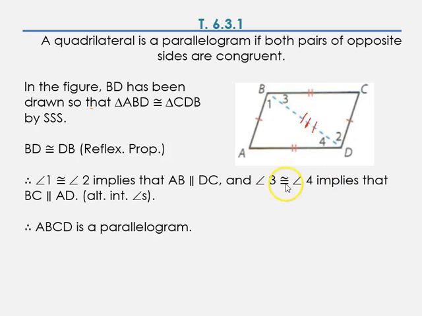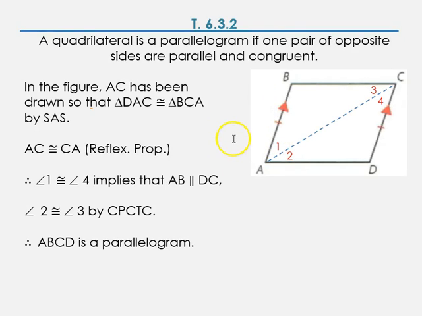This implies that BC is parallel to AD, also by alternate interior angles. Therefore, we've proved that quadrilateral ABCD is a parallelogram. We've learned that any quadrilateral with 2 pairs of parallel sides is a parallelogram. There are also other methods to prove that quads are parallelograms.